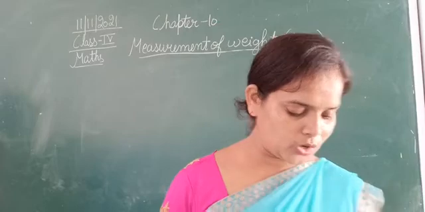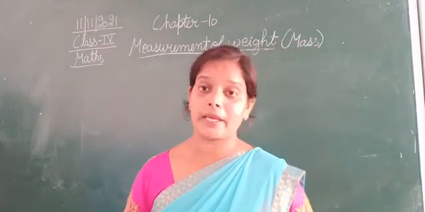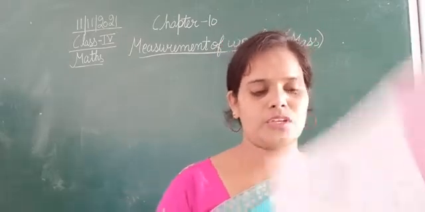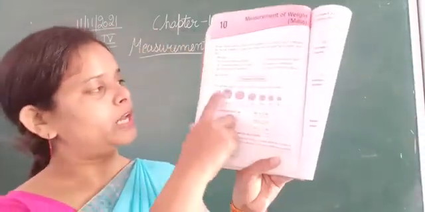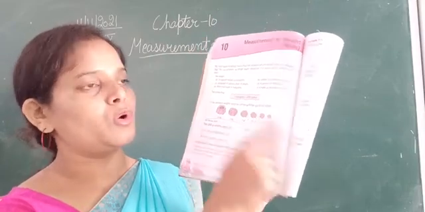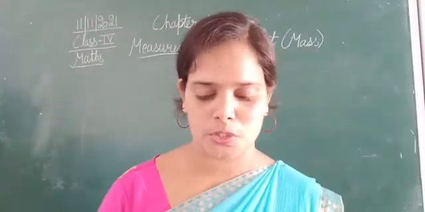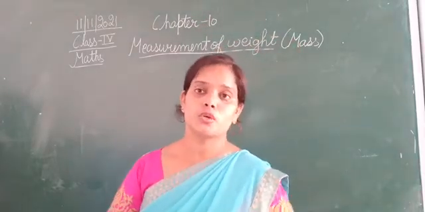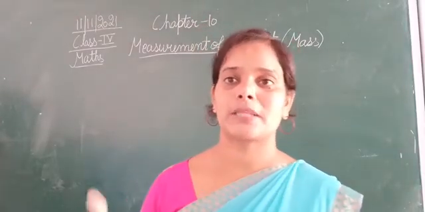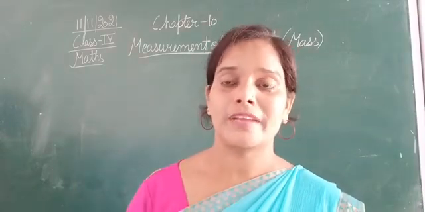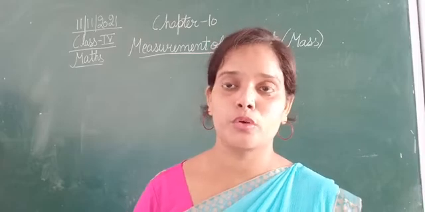As you can see in your book on page number 112, they have given some weight measuring objects, some standard weights used for weighing things, as shown below. Whenever we go to a vegetable vendor or a fruit seller, you say what quantity of any vegetable or fruit you want to purchase.